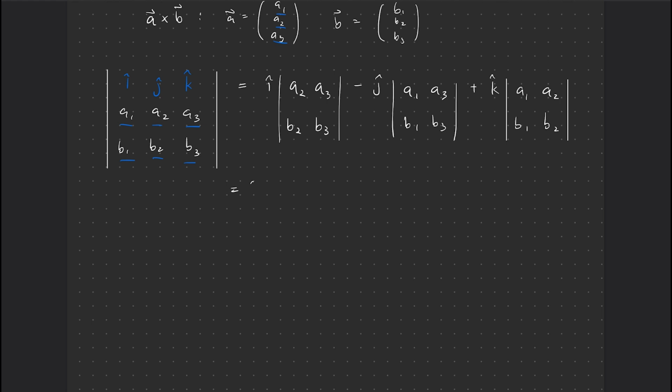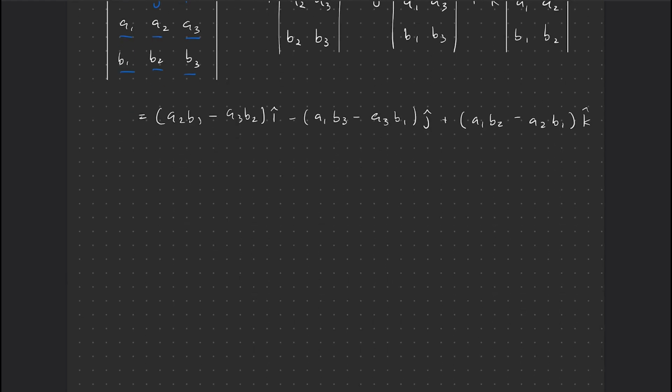So this would give us (a2 b3 minus a3 b2) i minus (a1 b3 minus a3 b1) j, plus (a1 b2 minus a2 b1) k. So this is our cross product. You can write this as a column vector like this.